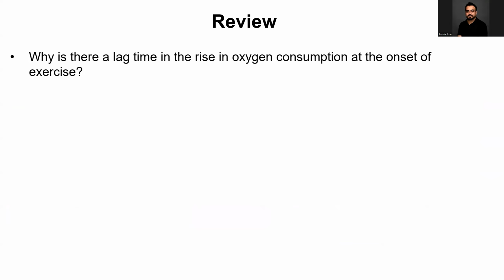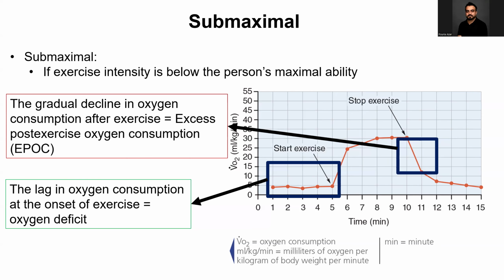Why is there a lag time in the rise in oxygen consumption at the onset of exercise? Why do we have this lag here at the beginning, at the onset of exercise? What do you think?